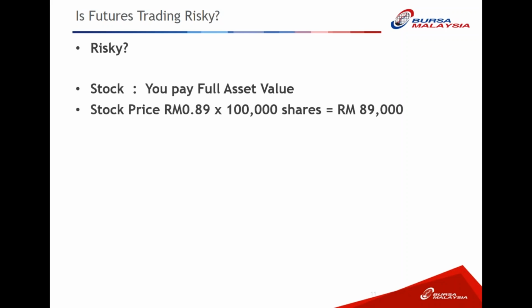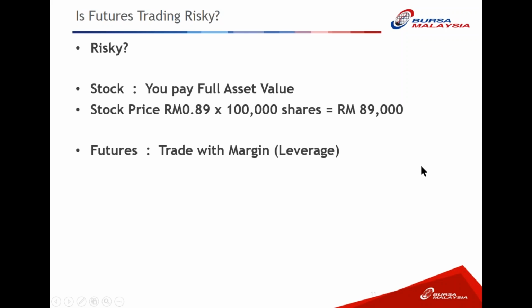If you're buying 100,000 shares, you need to put up 89,000 ringgit in order to take up the shares. So you are actually trading with full asset value, or full margin, if you want. But trading futures, usually it means you trade with margin, or some leverage.